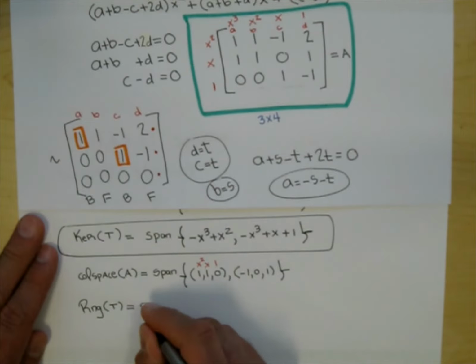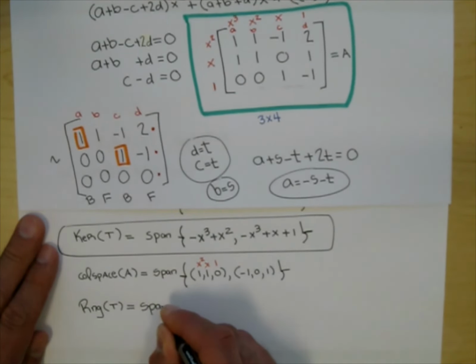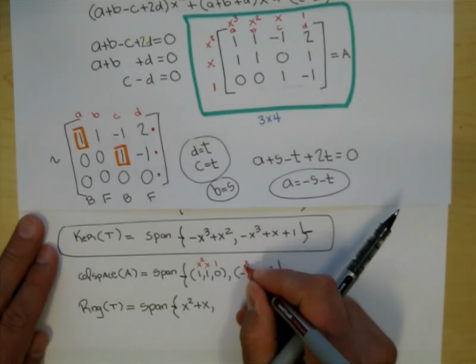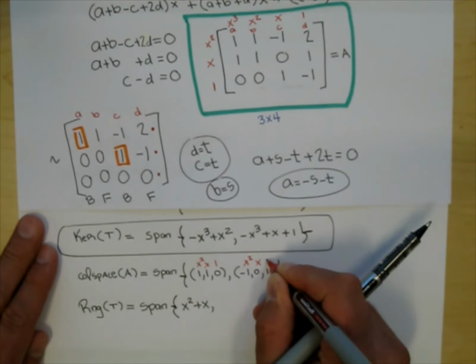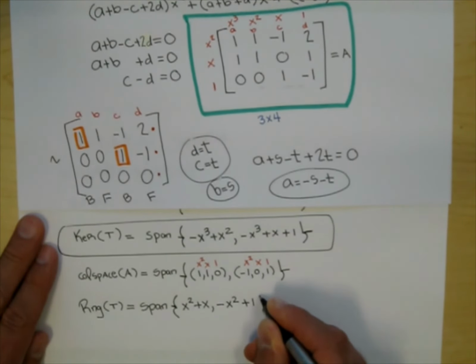So the range is not going to be elements from R3, it's going to be elements from P2. So the range equals the span of, and then we go look at this. We have x squared plus x. And then over here, here's an x squared, here's an x, and here's a 1. So this one's going to be negative x squared plus 1.